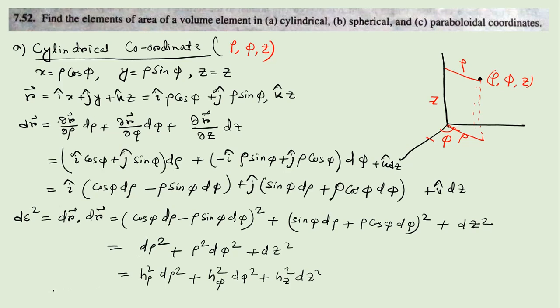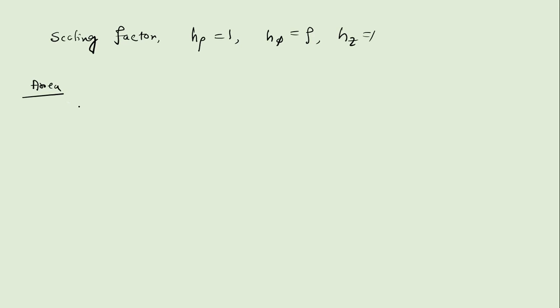So just comparing this, you get the scaling factors: h rho is 1, h phi is rho, and h z is 1. So the elementary area dA1 will be h rho d rho times h phi d phi, which is rho d rho d phi.